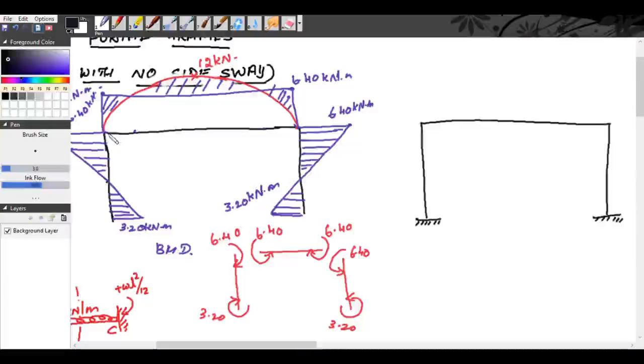First of all, we will draw for the span BC, sagging and hogging. After this, it will be deflecting like this.